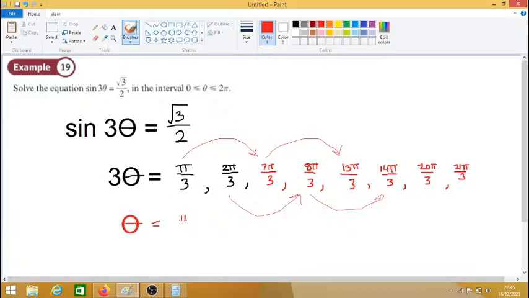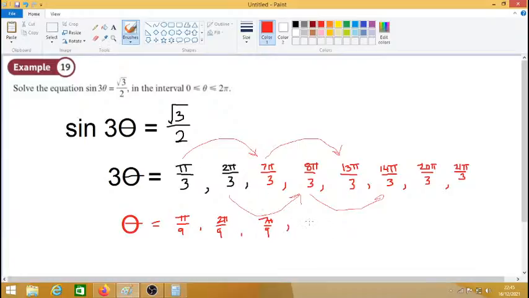So you'll have pi over 9, 2 pi over 9. You can probably figure out the rest yourself now. The next one will be 7 pi over 9. And remember, when we reach 2 pi, that's when we want to stop.